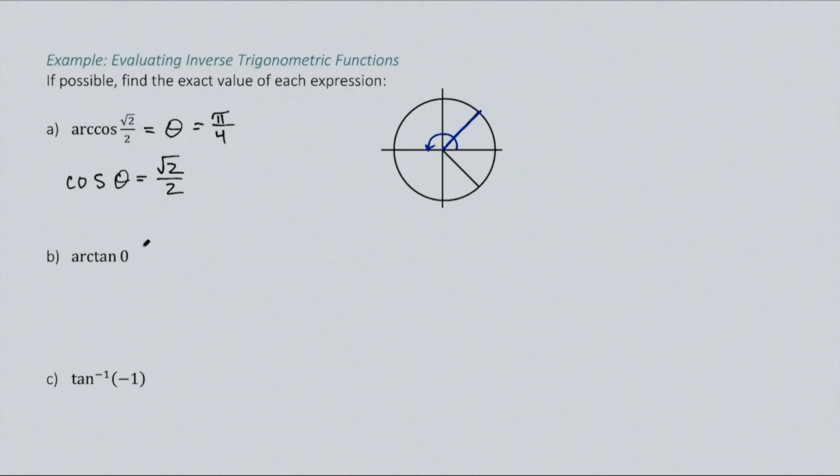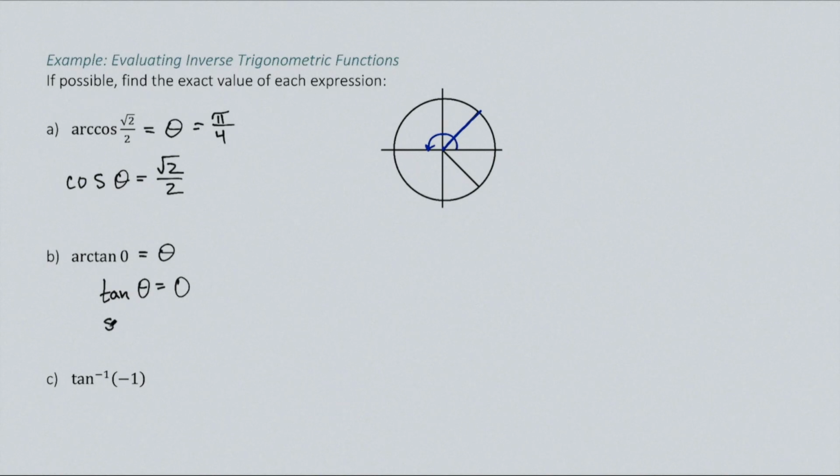The arctangent of 0, this is equal to an angle. And this means that tangent of the angle theta is equal to 0. So we want to know, when does the tangent equal 0? We need to remember that our arctangent will only give us a value between -π/2 and +π/2.